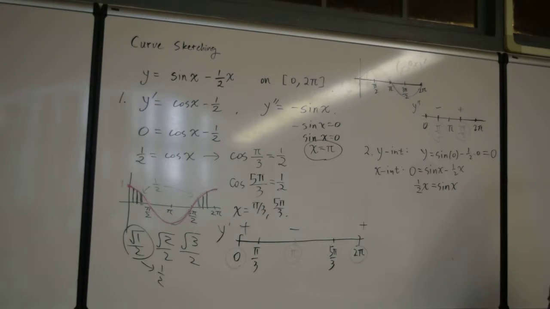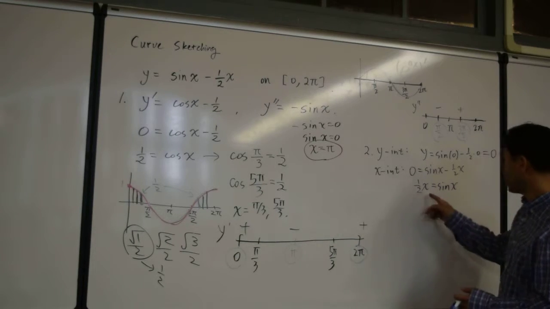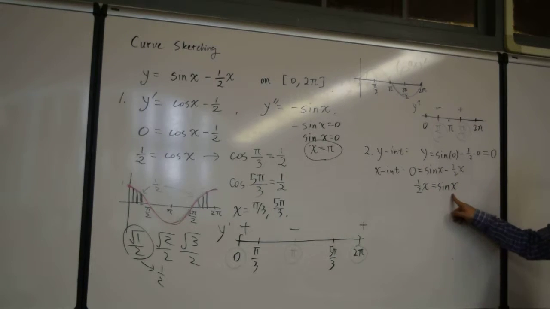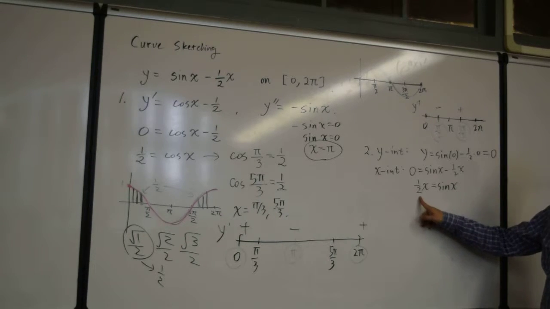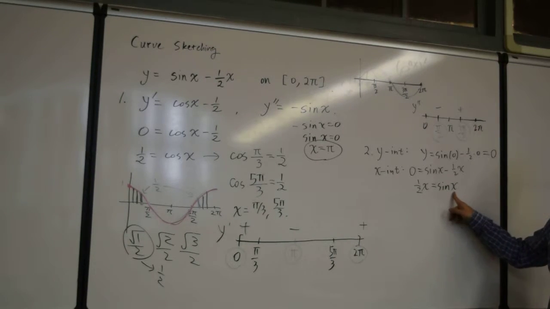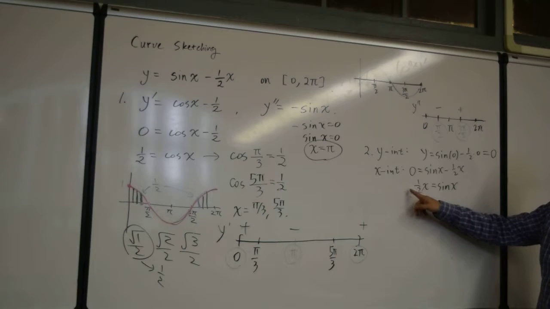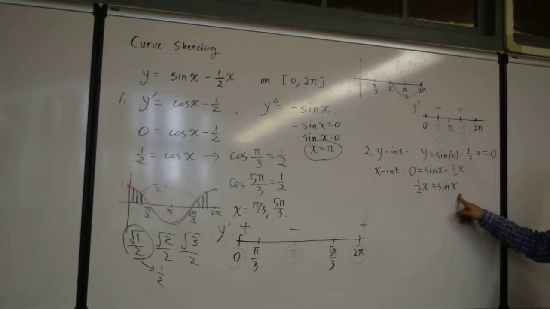So to give you an idea, let me show you what this means. This is an intersection between two graphs, right? You have y equals 1/2 x and y equals sine x. And if you want to find the point of intersection, you set them equal to each other. That's how you would get this.